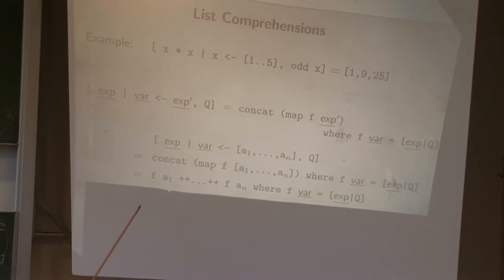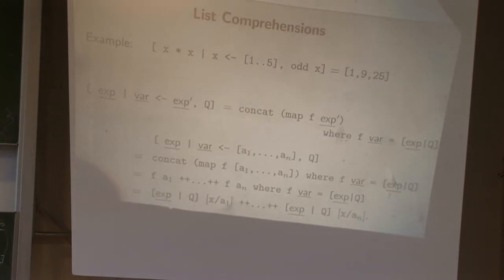And now, what does this mean? F of A1 means we take the remaining list comprehension where we drop this first qualifier. So we take this expression, but in this expression, the variable is now instantiated by A1, because we apply f to A1. If we apply f to A1, you will get this result, but everywhere where the variable is, you now have A1. So it would be just this. So f of A1, let's look how f is defined. It's this thing over here.